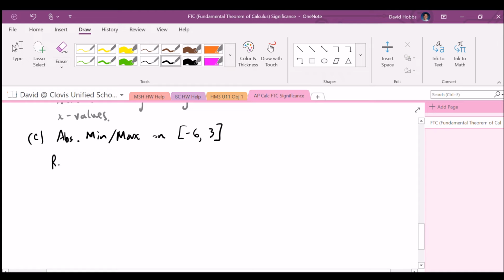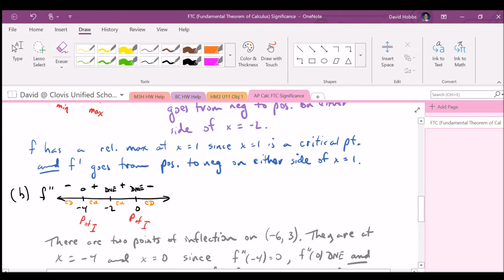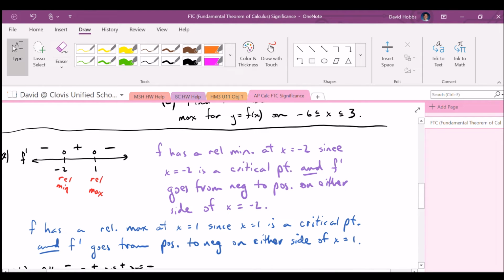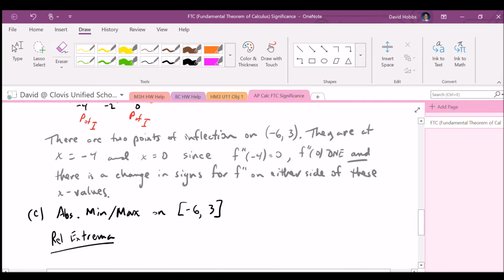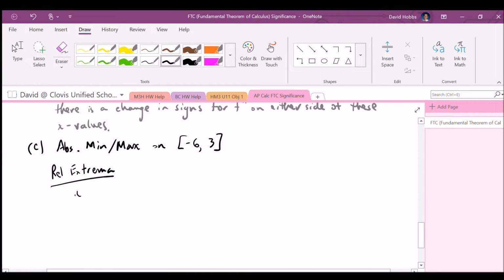So I'll advertise what's going on here. We had a relative minimum at -2 and a relative maximum at +1. So x equals -2. Now we need to pull in the fact that we already know that f of 0 is 7.